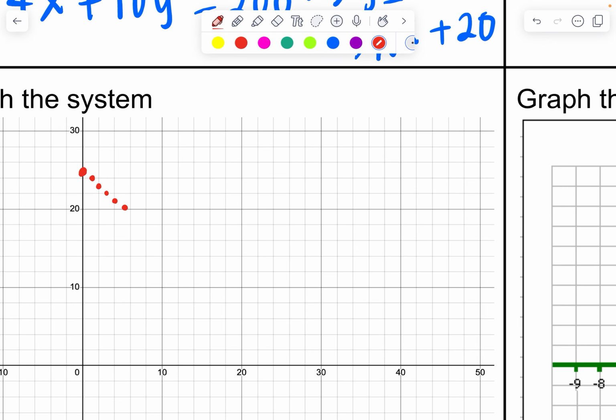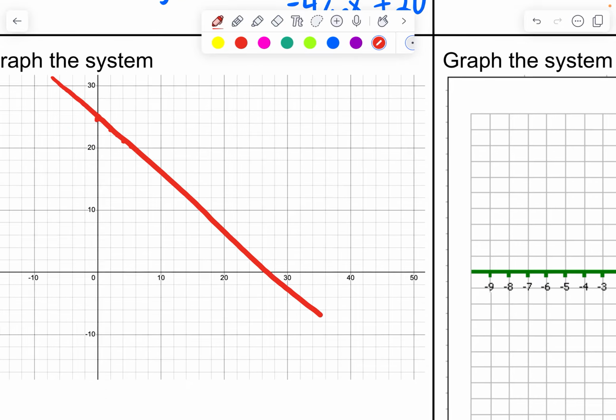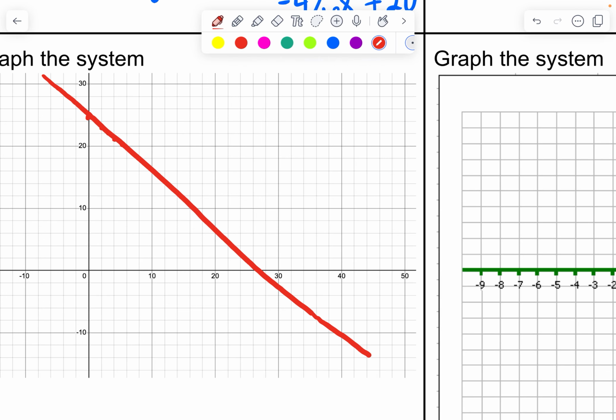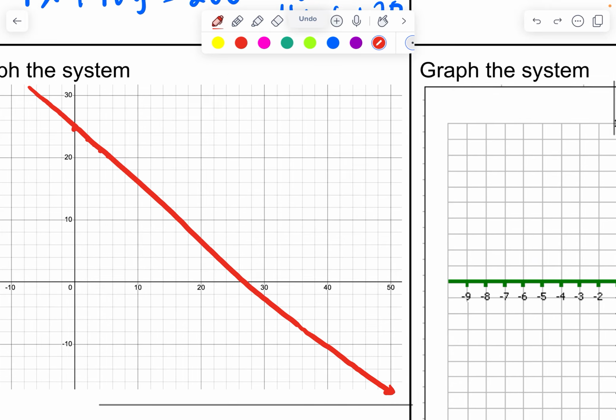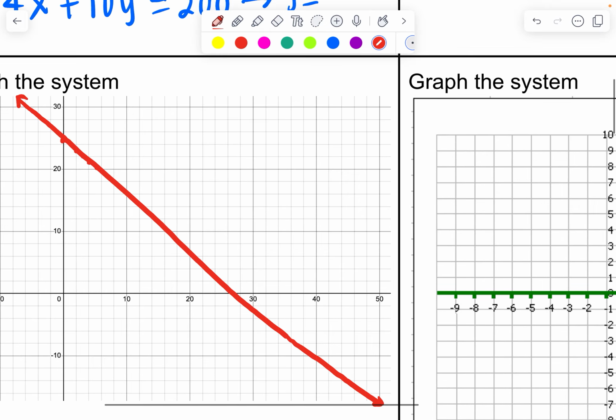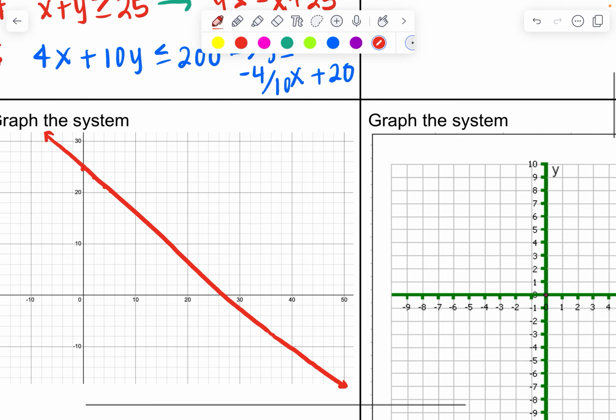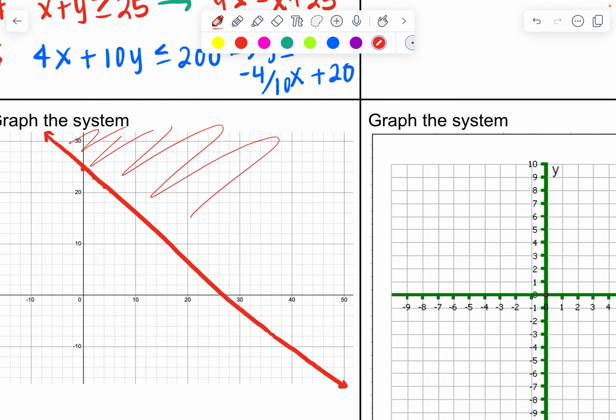And we'll go ahead and draw our line. And this one is greater than or equal to, so I'll shade up here.